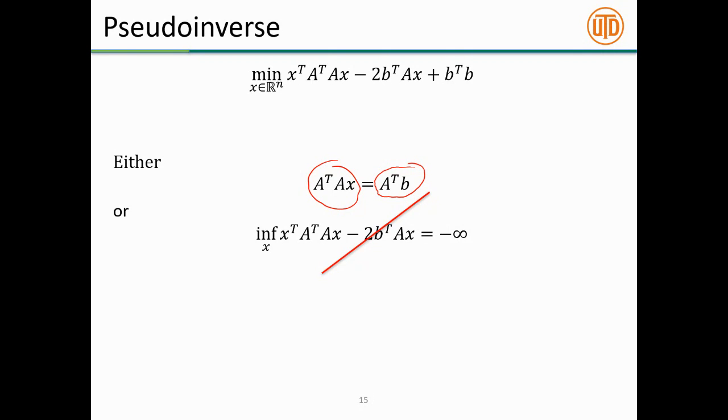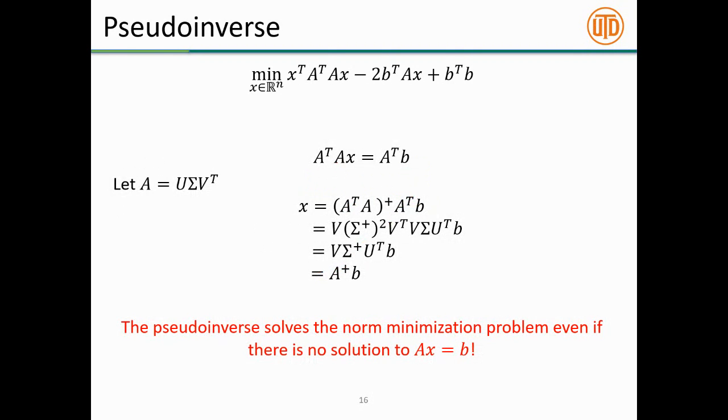Good. So let's see what the solution is then. Under the assumption that this linear system has a solution, we know how to define that solution. We just construct the pseudo inverse of A transpose A, which will give us a solution of minimum norm.